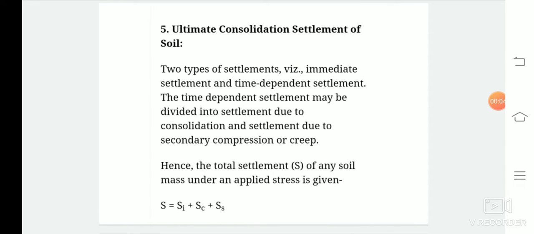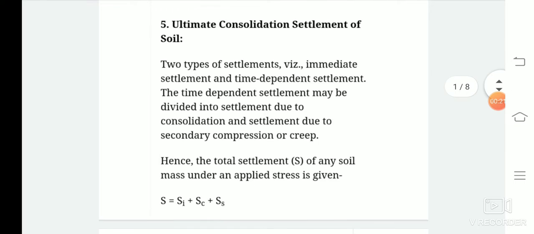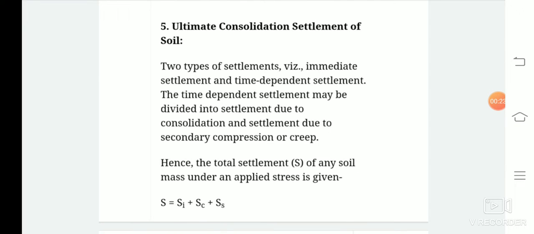During last class, we discussed consolidation, its mechanism, and some theory related to consolidation. In that theory, we studied that there is a need for measuring consolidation settlement, so as to observe how much a soil can bear load and can settle under a certain amount of load.